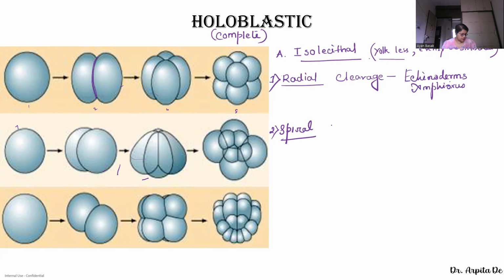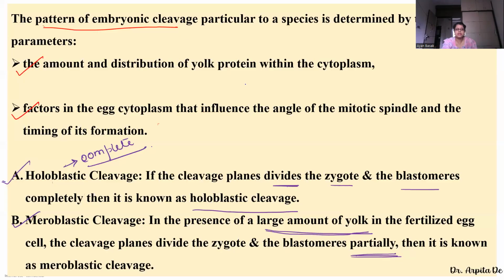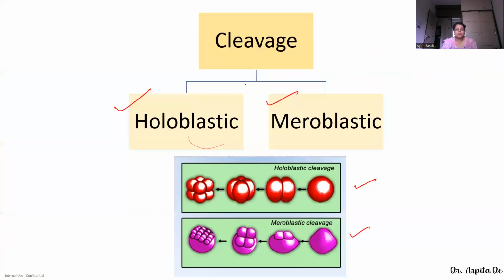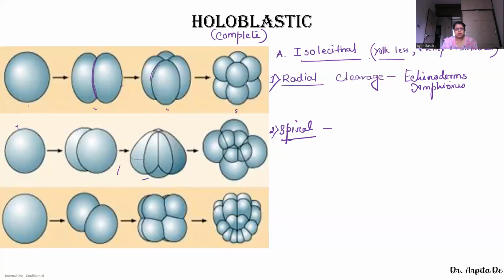In spiral, you will have to be very particular about the way in which the cleavage is taking place. The plane of cleavage has to be studied with a lot of attention here. In spiral cleavage, this pattern is followed. The pattern is very, very important. If you remember, we had talked about patterns of cleavage here. Okay.